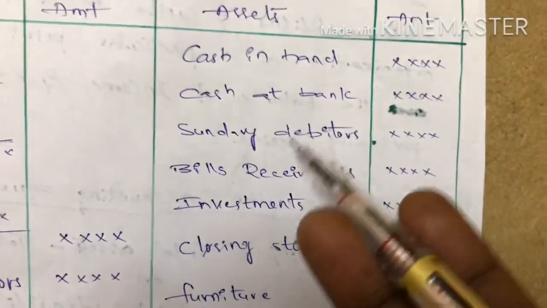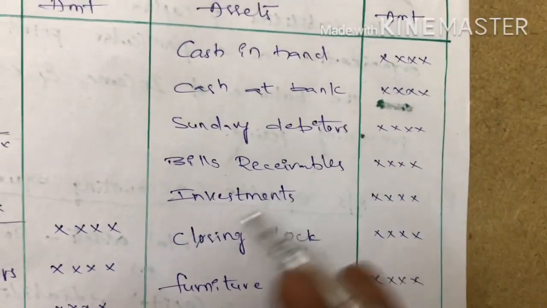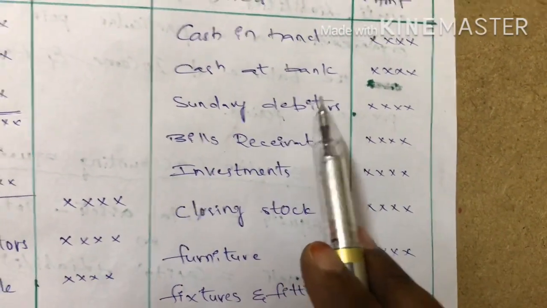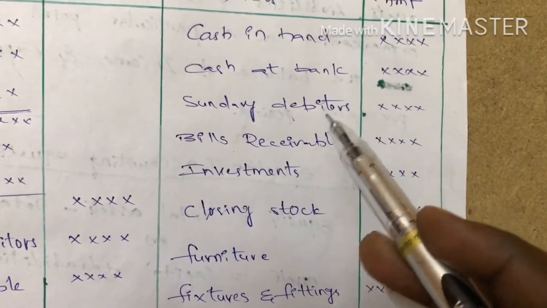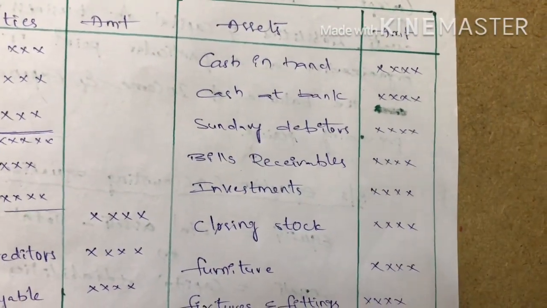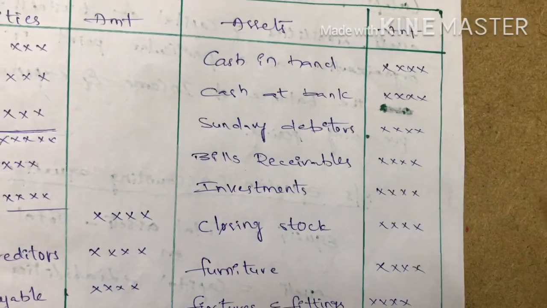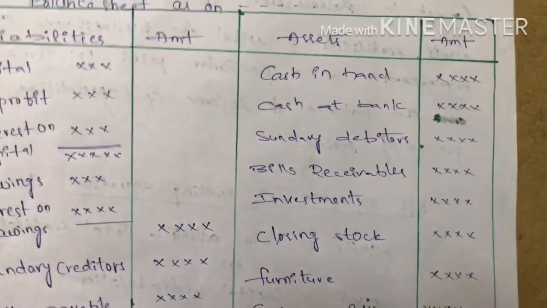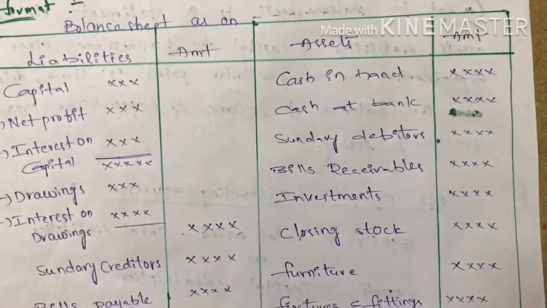Now you can see here assets. Cash in hand is one of the assets, cash at bank is one of the assets, sundry debtors. Sundry debtors is nothing but credit sales. We can sell some product, and some amount will come to our business side, so that's why it is one of the assets.